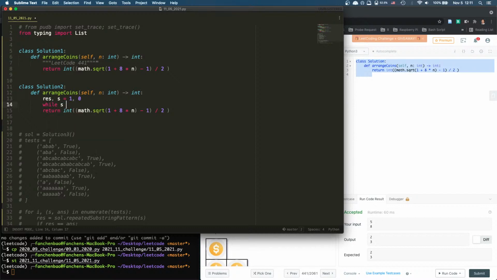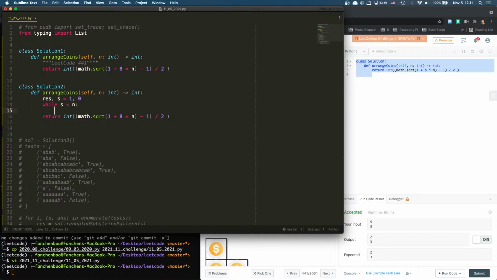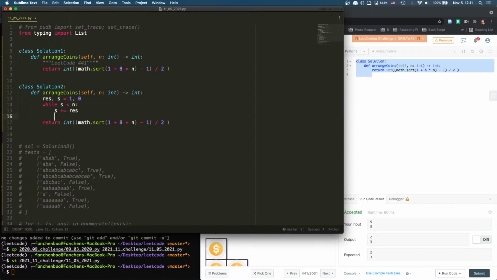We say while s is smaller than n. What if it's equal to n? Yeah, it should be smaller than n. While s is smaller than n, s plus equal to res, res plus equal to 1, right?